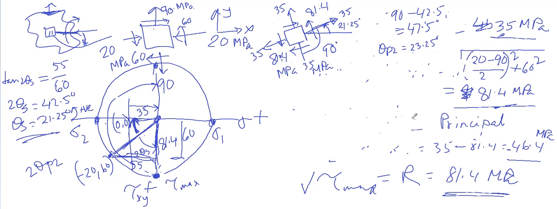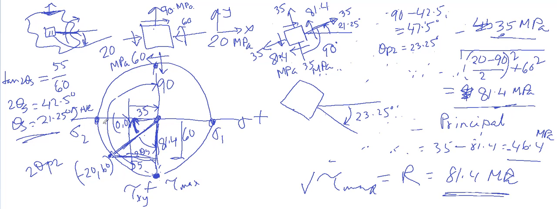Okay, now, what we learn here, that if I rotate 23.25 degree clockwise, I'll get it. So this is my reference point, and if I rotate 23.25 degree clockwise, and then if I draw a cube, then I will get my principal stress sigma 2.